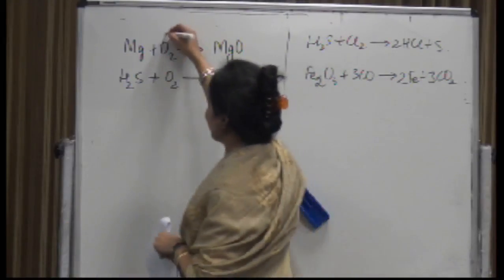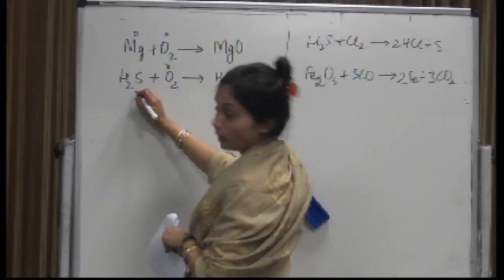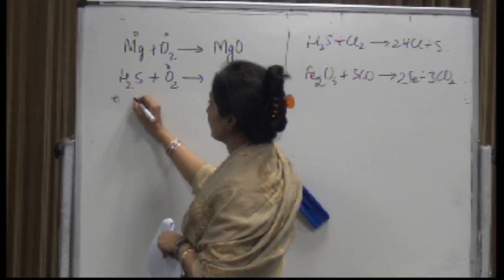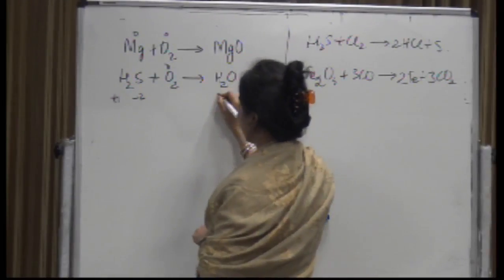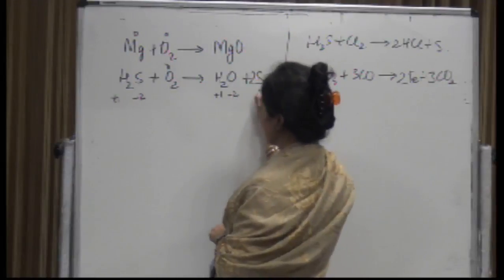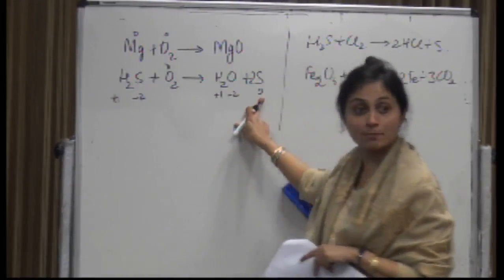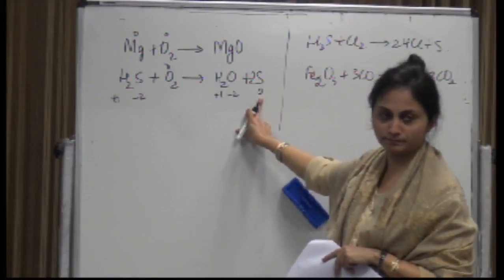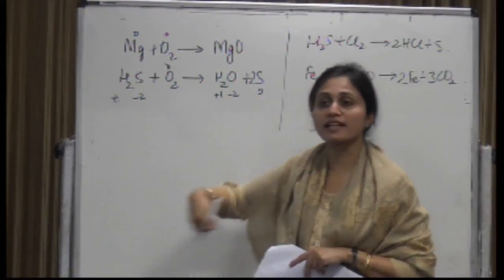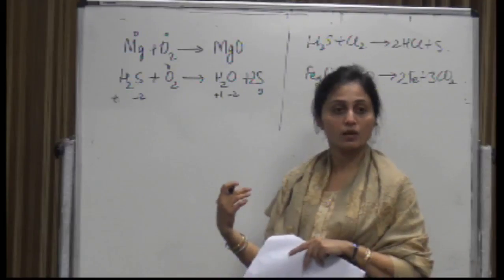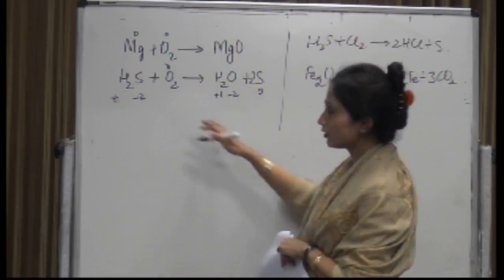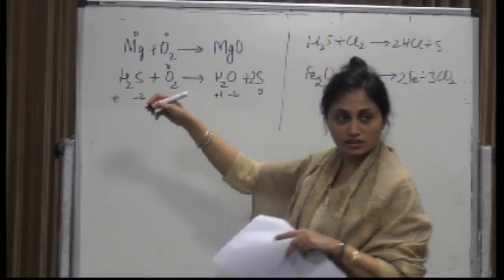Now this is 0, 0, then plus 1, minus 2, alright, plus 1, minus 2, 0. So sulfur is going from minus 2 to 0, which means oxidation. Sulfur is getting oxidized. Okay? Write these quickly as we go along.